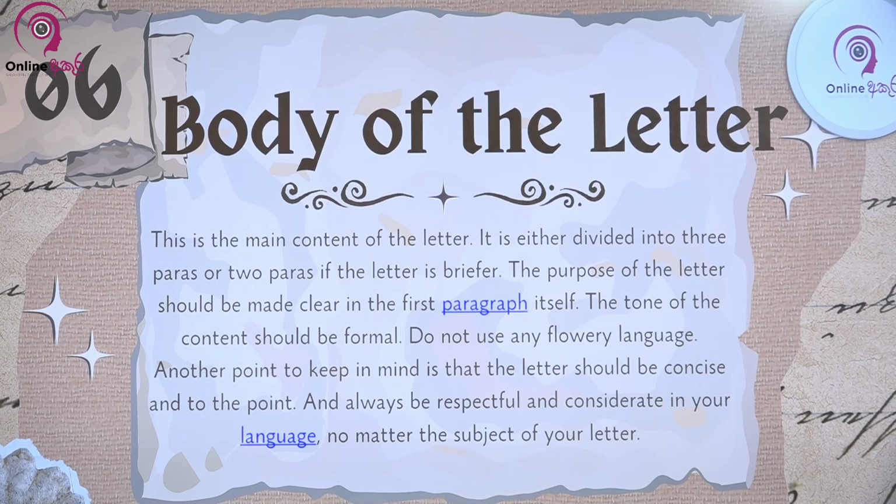So even if the person does not read the second and third paragraph, by the first paragraph itself he or she knows what the letter is about. And if it is not an area that the receiver is handling, he or she can give it to the relevant person.